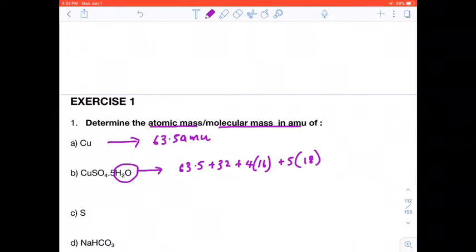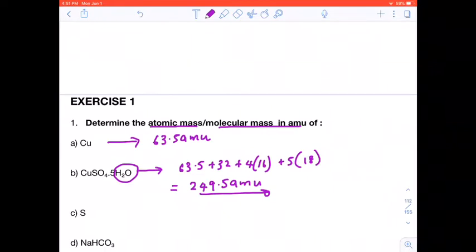And that in atomic mass units would be equal to 249.5 atomic mass units. Right, that is the mass of copper sulfate pentahydrate.